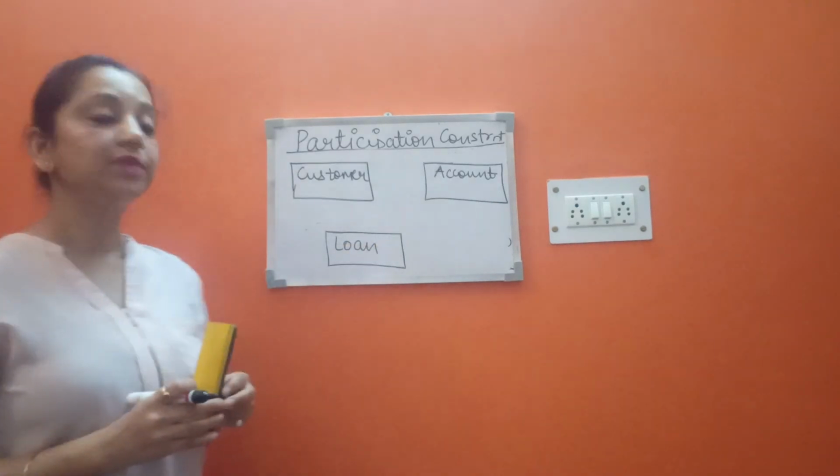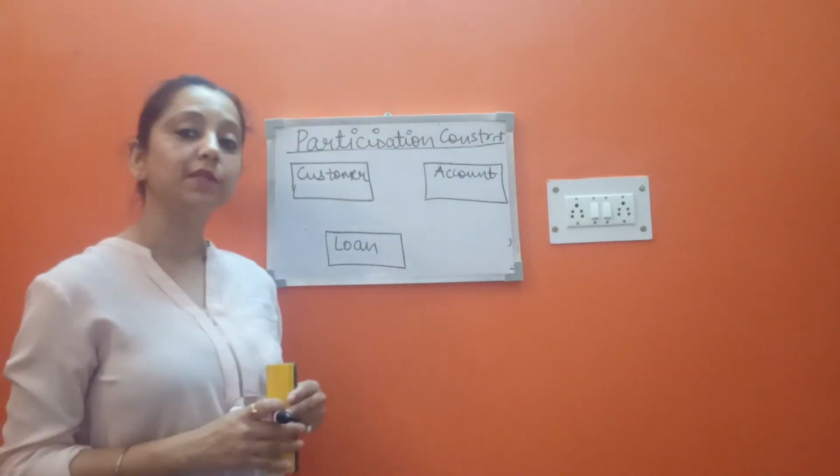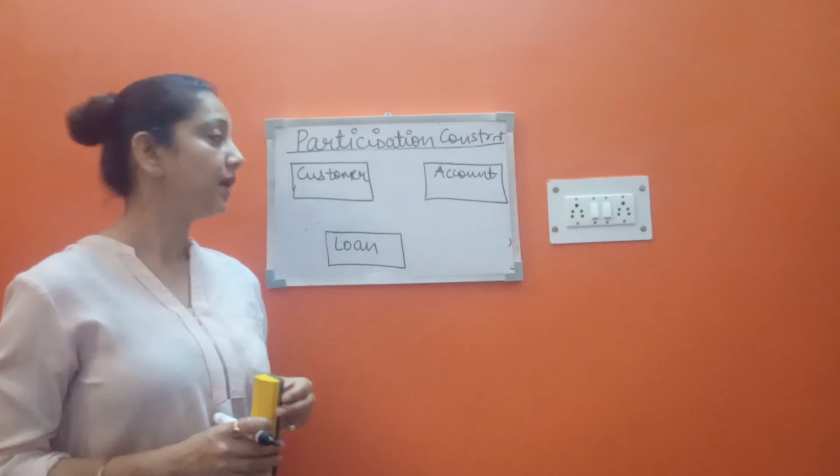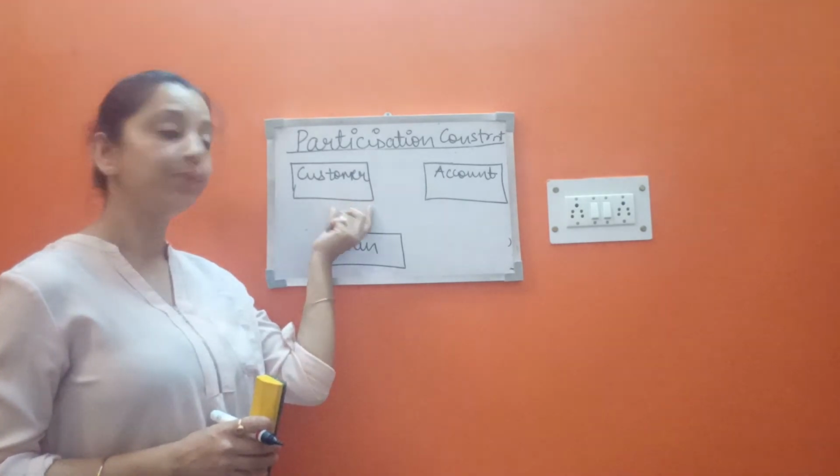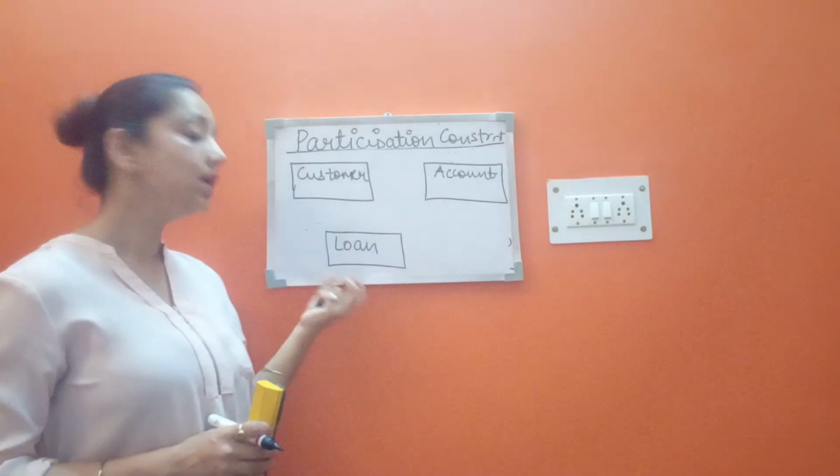So I am taking the example of a banking database over here. In a banking database, I will talk of three entities: customer, the account, and the loan.